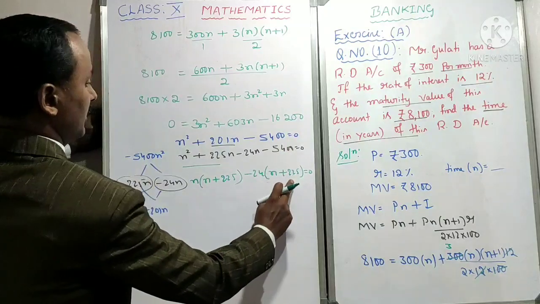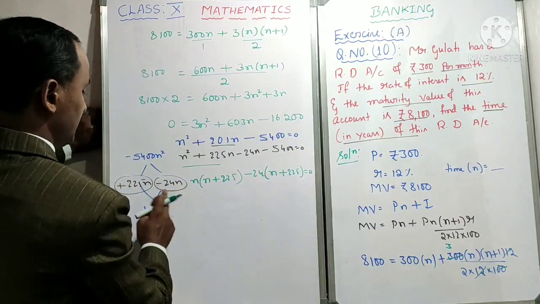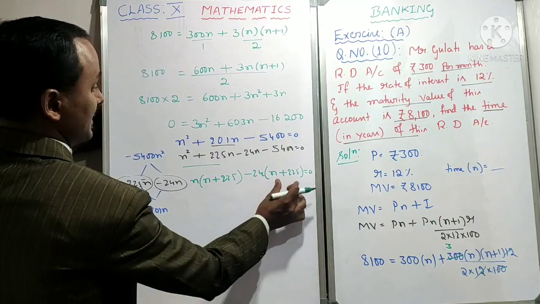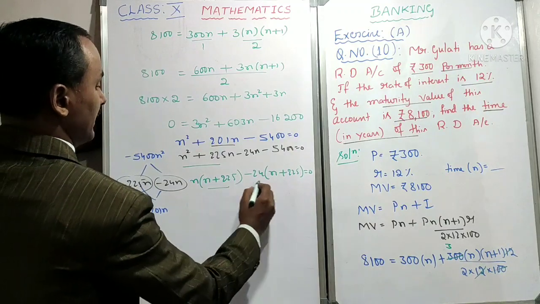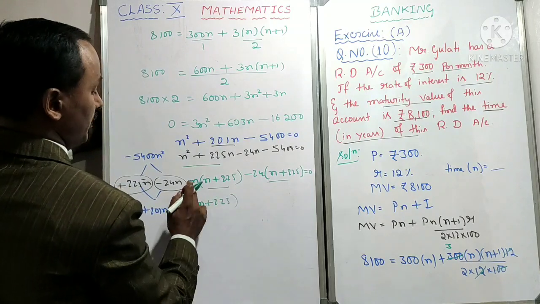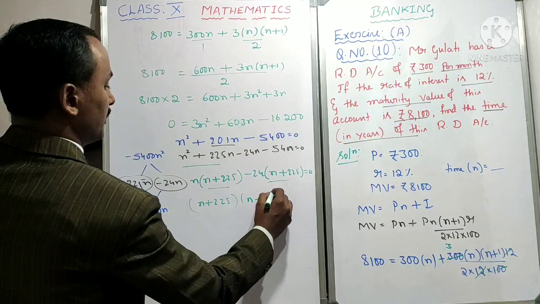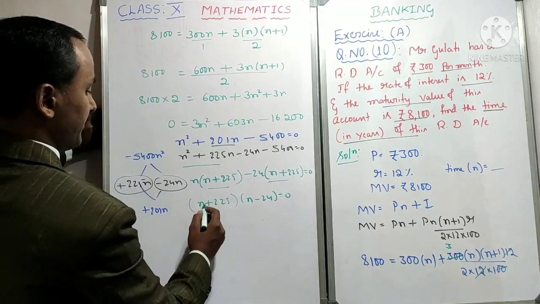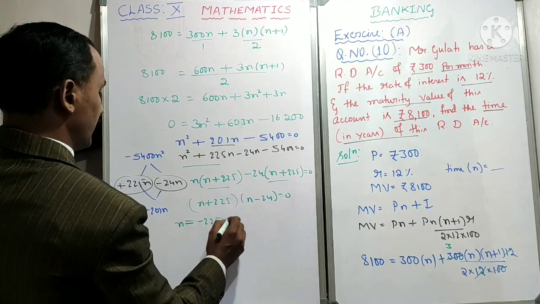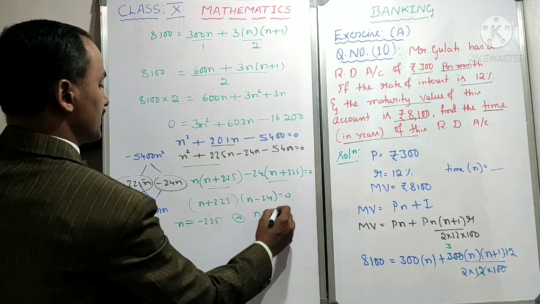How I wrote this: 225 means these two product you know that 5400. Otherwise in this group inside the bracket the same term will not come, you understand. Now n plus 225 take the common factor, remaining n minus 24 is equal to 0. Finally equating each to 0, n is equal to minus 225 or n is equal to plus 24.